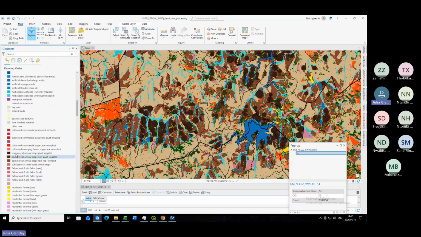It has commercial annual pivot irrigated, commercial annual non-pivot irrigated, commercial annual rain-fed or non-irrigated dryland, and then subsistence. And then sugarcane is mapped differently. So I haven't mapped anything myself here. I'm using the National Land Cover map classes, but as you can see, they're quite simple.